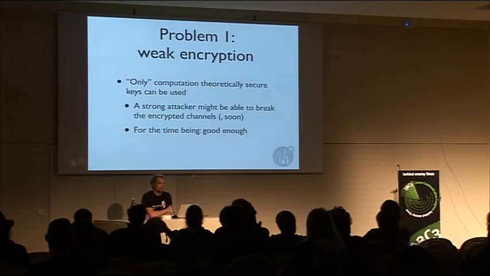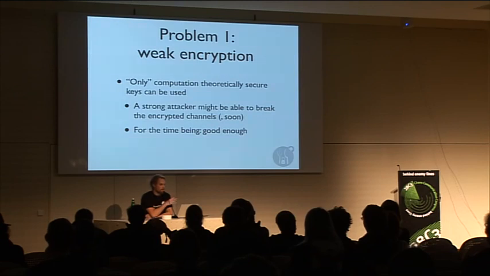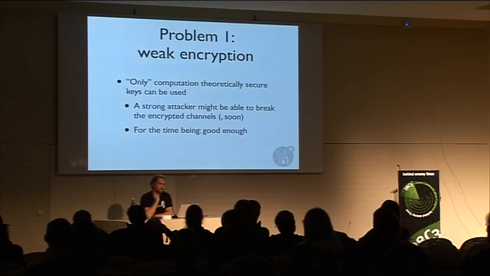So what problems do we have? I will first start off with the weakest problem. Compared to DC networks, we have weak encryption, as it's only computationally secure. So a strong attacker might be able to break the encrypted channels and then unveil the identities of the users.